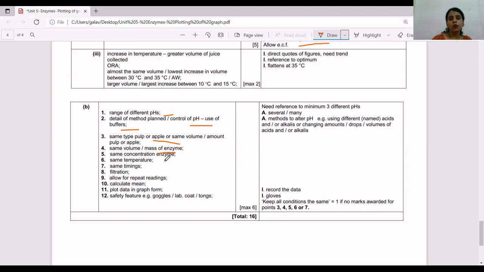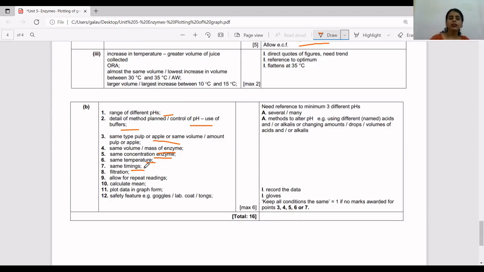You should use the same volume or mass of enzyme, then the same concentration of enzyme. Then the same temperature, which means in this entire experiment temperature should be kept constant. And then the same timings, which is very important. For example, in all the test tubes, from pH 1 to pH 6, the enzyme should be added at the same time.